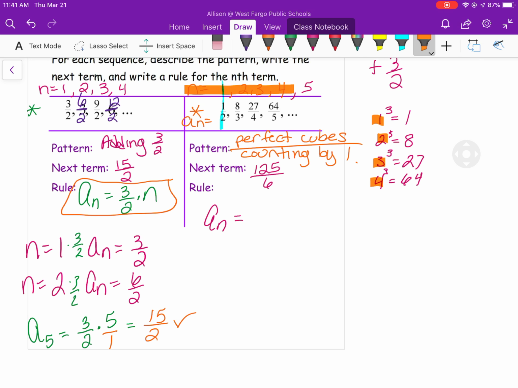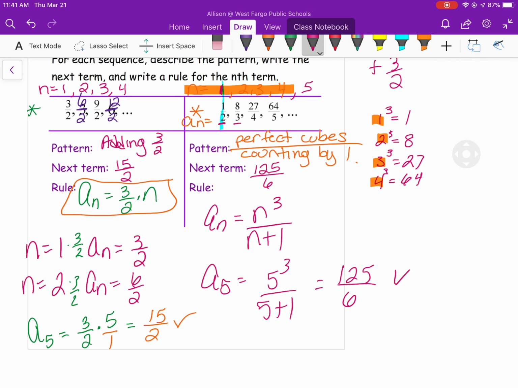So on top, I have n cubed over, then when n equals 1, I have 2 here. When n equals 2, I have 3. So on bottom, I have n plus 1. I have 1 more. So if I want to check my fifth term, I'm going to have 5 cubed over 5 plus 1. So this is going to be 125 over 6. So that checks out.